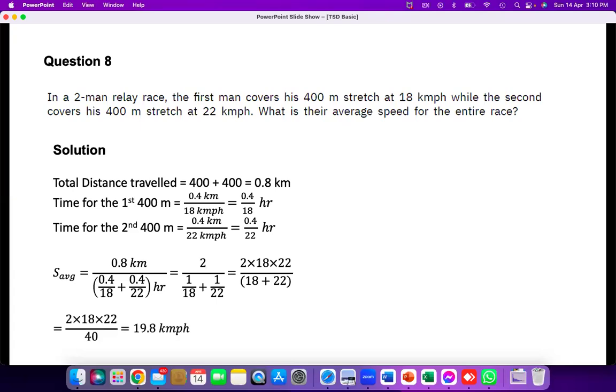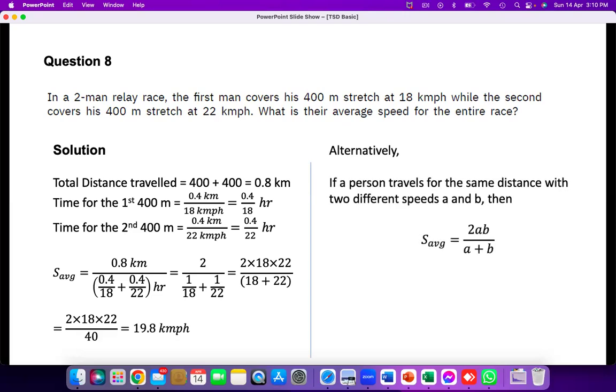So this is the final answer, 19.8 kilometer per hour. Clear? Alternatively, same formula, 2ab divided by a plus b, and you get the same answer. Done?